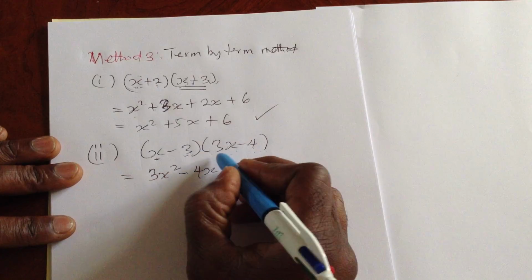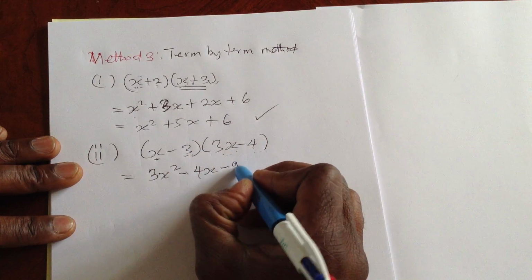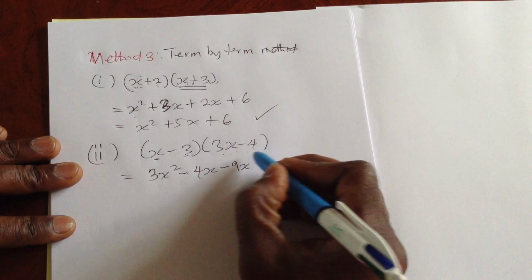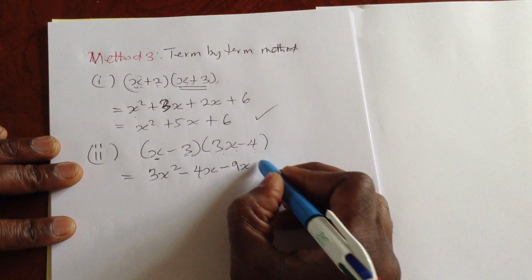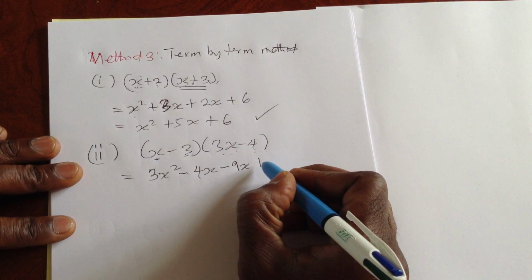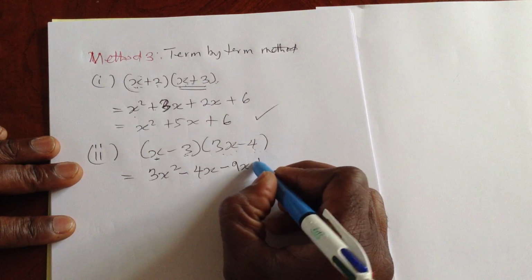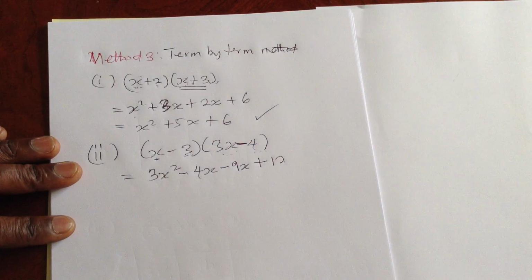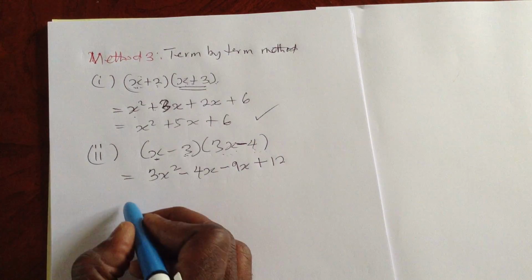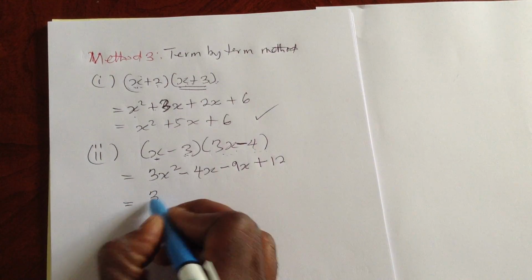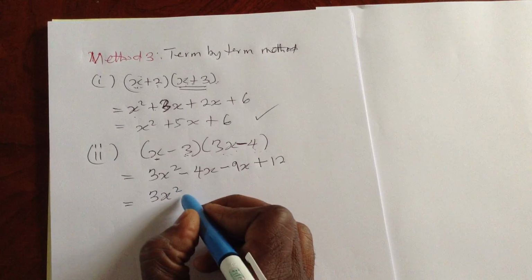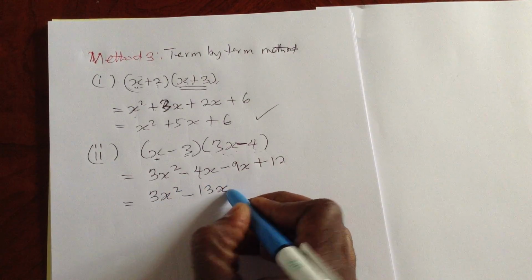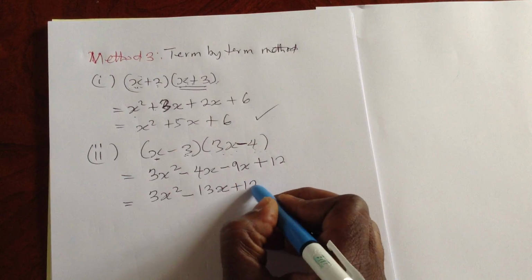Minus 3 times 3x will give minus 9x, and minus 3 times minus 4 gives me positive 12. This will then simplify to give us 3x squared minus 13x add 12.